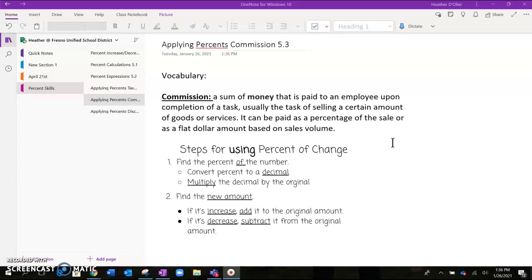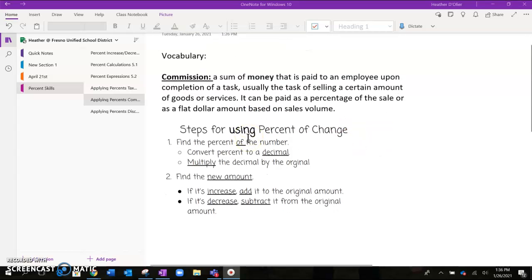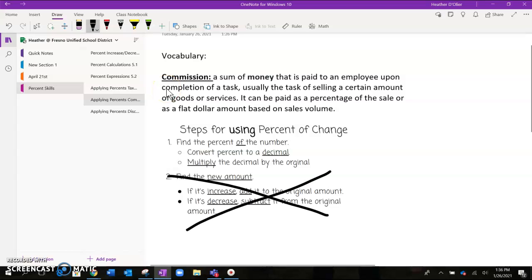So this one's a little different than everything else we've been doing though. That's why percent increase and percent decrease aren't a vocab piece here. We're still gonna use a percent of change, but the thing is, commission is not an increase or a decrease. Okay, this whole part does not apply.